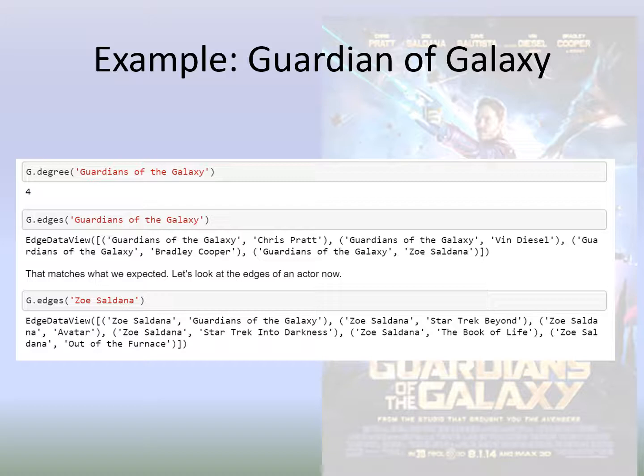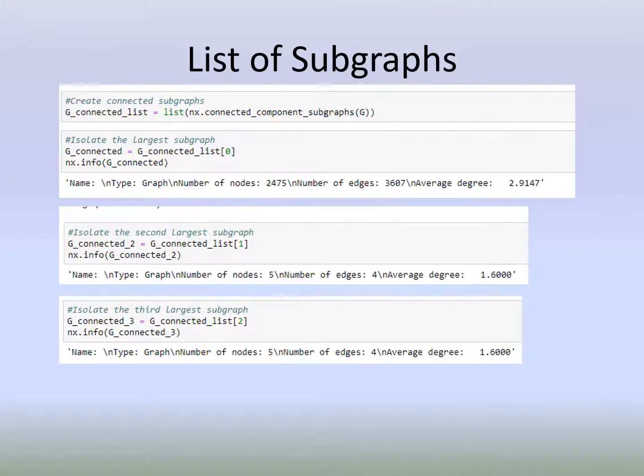Just like the transformation, one row has one actor. Here is the actor Zoe, in different movies like Guardians of the Galaxy, Star Trek Beyond, Avatar, and etc. So the test shows the transformation is a success.